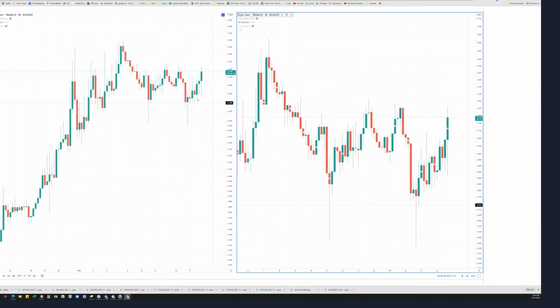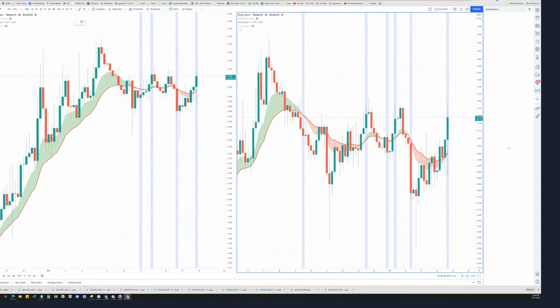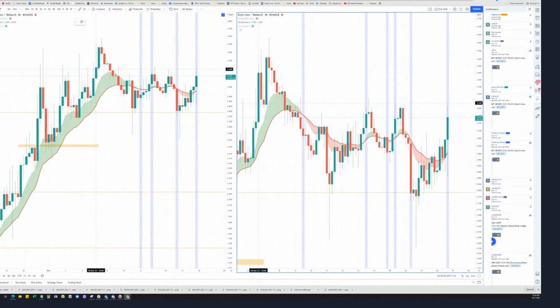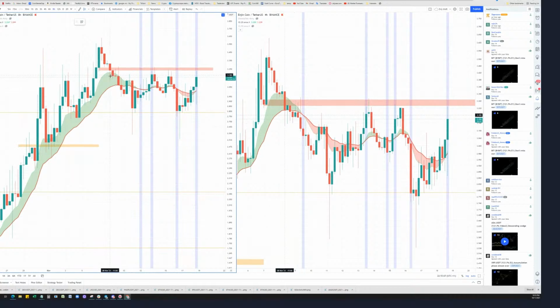So what we have here at the moment is definitely a bullish formation. That could be a breakout trade. The wicks are there, but the body of the candles is right there.